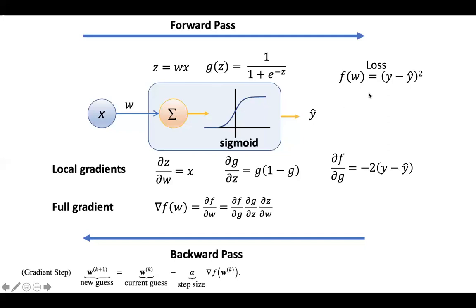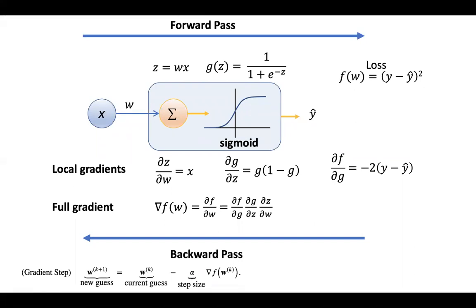To make the example simple, we will use squared error loss, because it's easy to calculate the derivative of squared error loss. So in order to find the optimal weight, or the way to update the weight, we need to calculate the gradient of this loss function with respect to the weight.